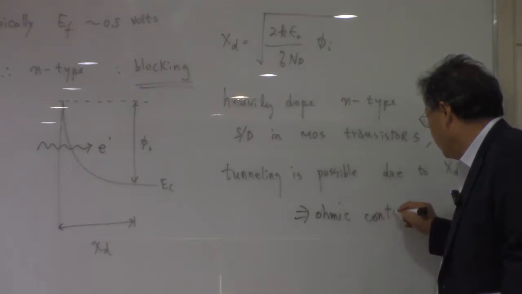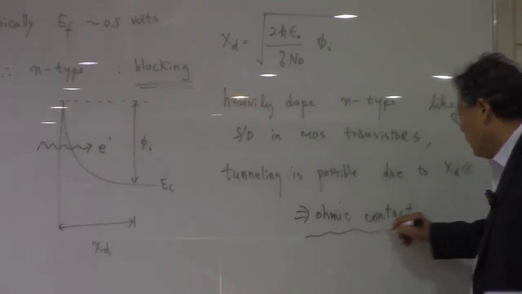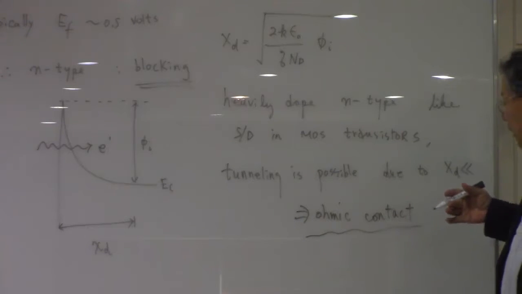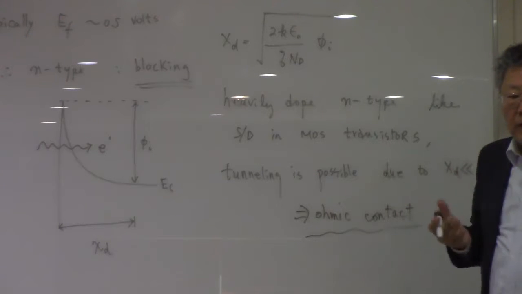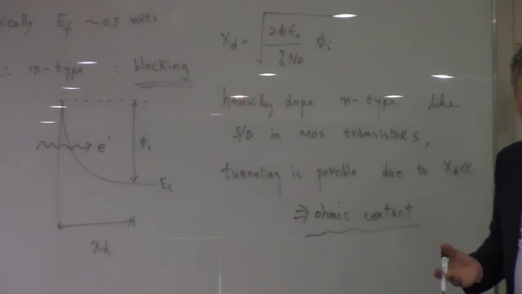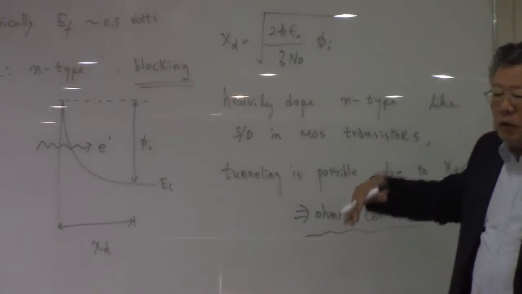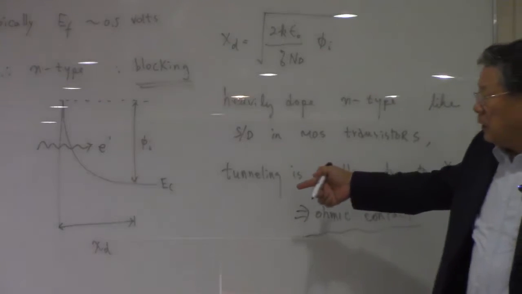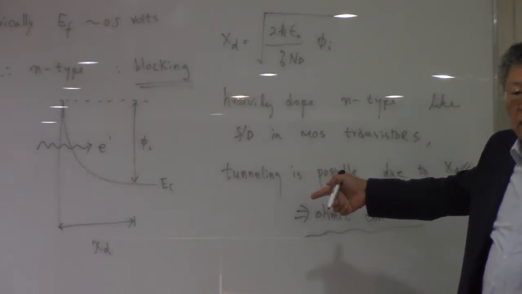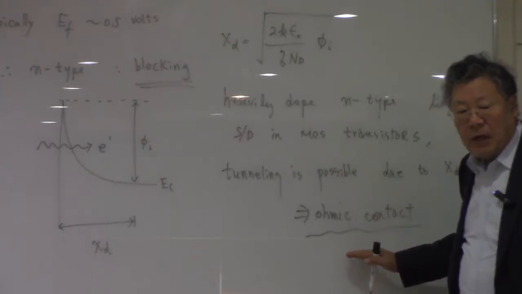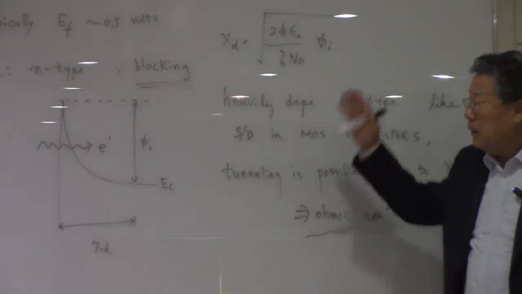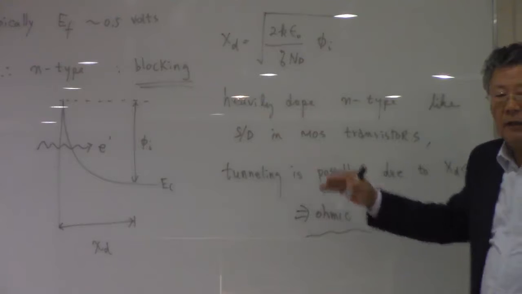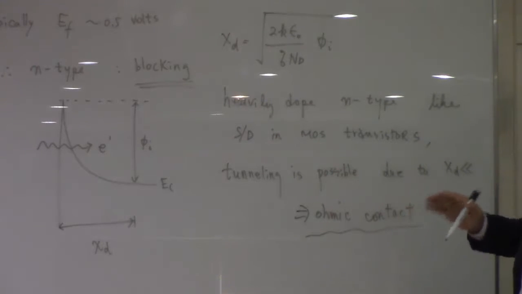This ohmic contact is very important because if you cannot guarantee the ohmic contact, then if you apply certain voltages as an input, that voltage is not going to be transferred to the transistors, because of the high resistance due to the blocking contact. So that device is not going to work.